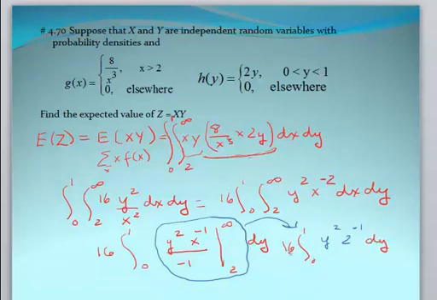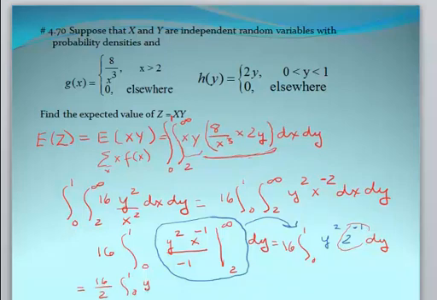Okay, so now we've got this step, and then next it's going to be 16 over 2, because this part just becomes 1 over 2, so that's what I brought out here. And then we've got 0 to 1, y squared dy is equal to 8, and now I'm going to do the integration.